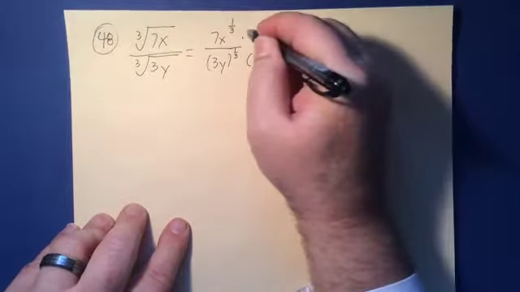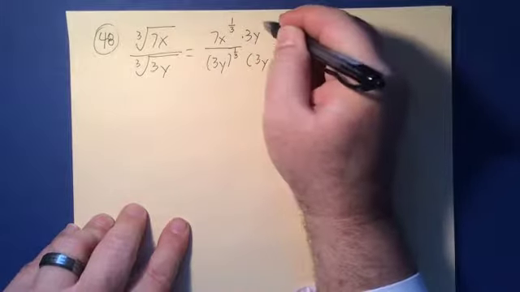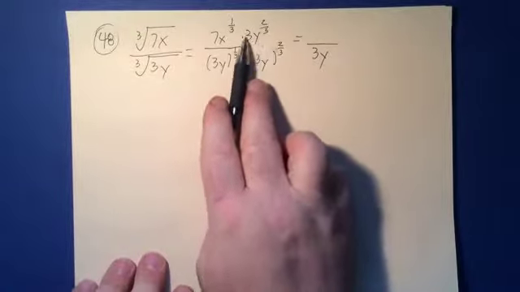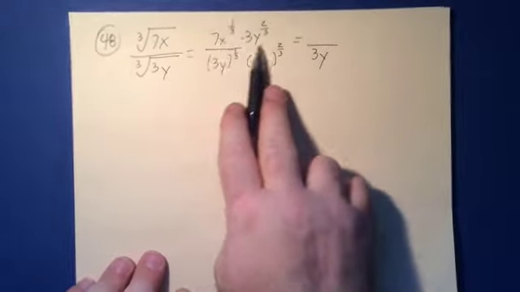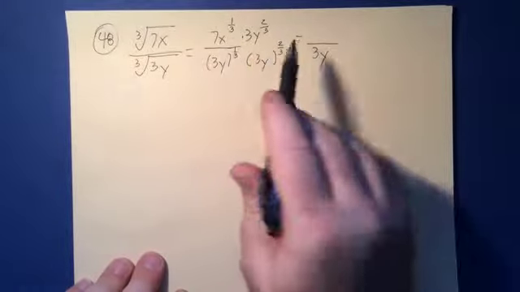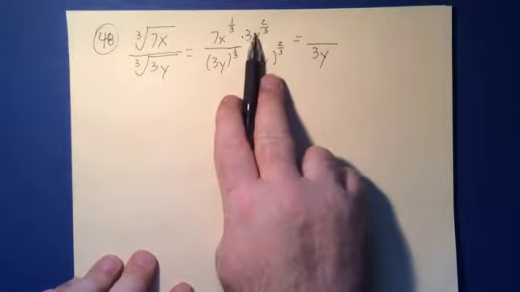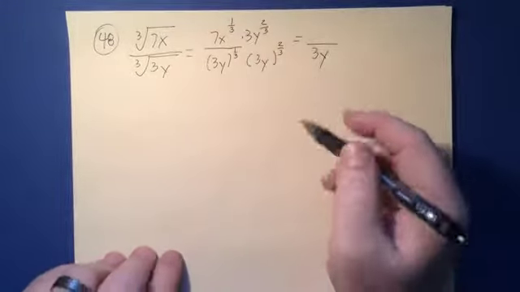But when I multiply this through on the top, 3y to the 2/3, that is going to look a little different now. So one way that we can make sure that these have the same expression is we can take this 3y to the 2/3, and we're going to write it in the following way.